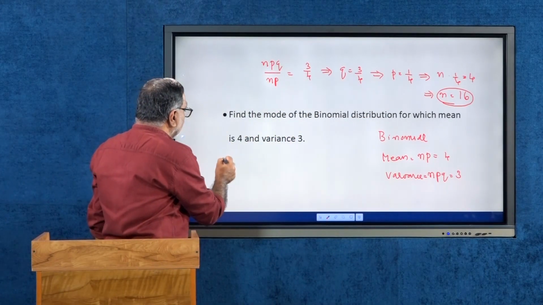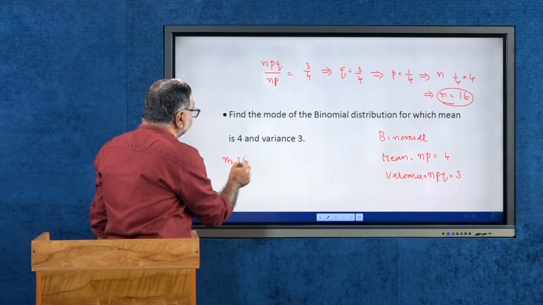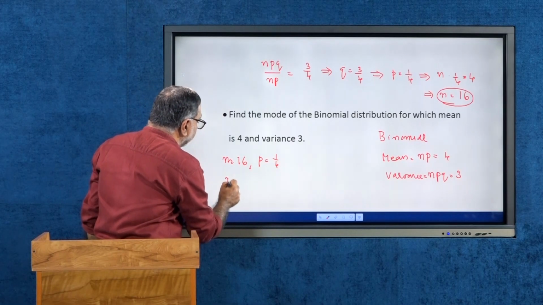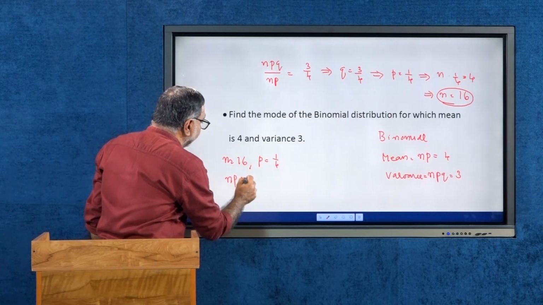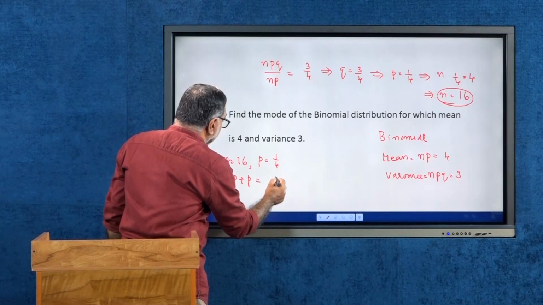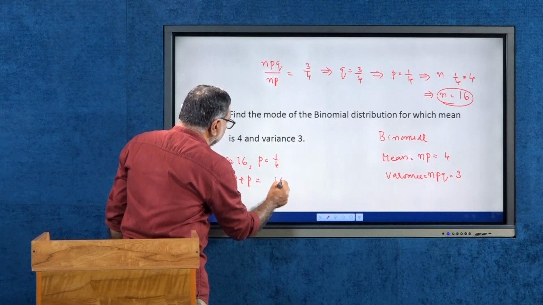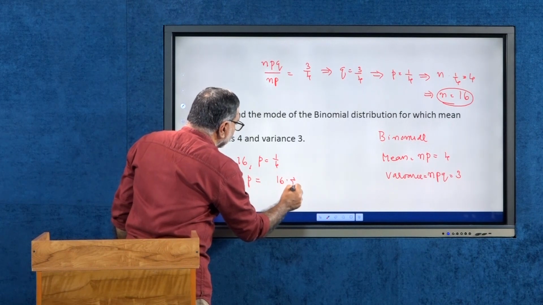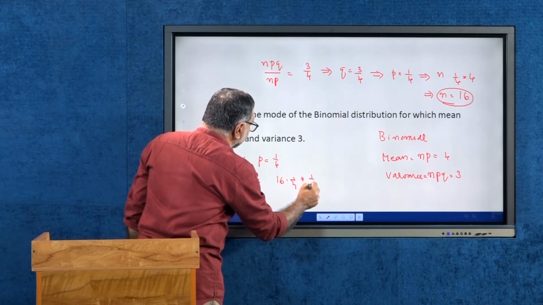So, n is equal to 16, p is equal to 1 by 4, you find np plus p first. np plus p means 16 into 1 by 4 plus 1 by 4.